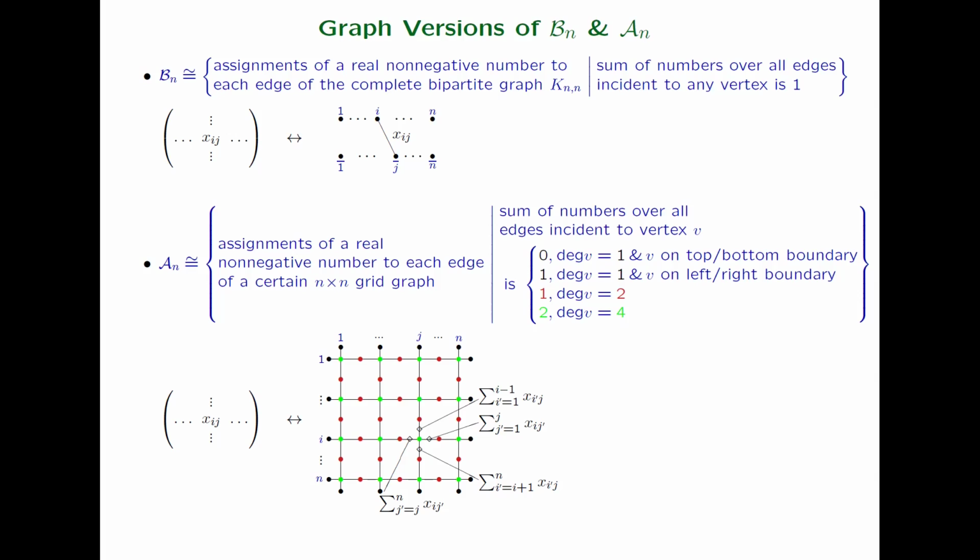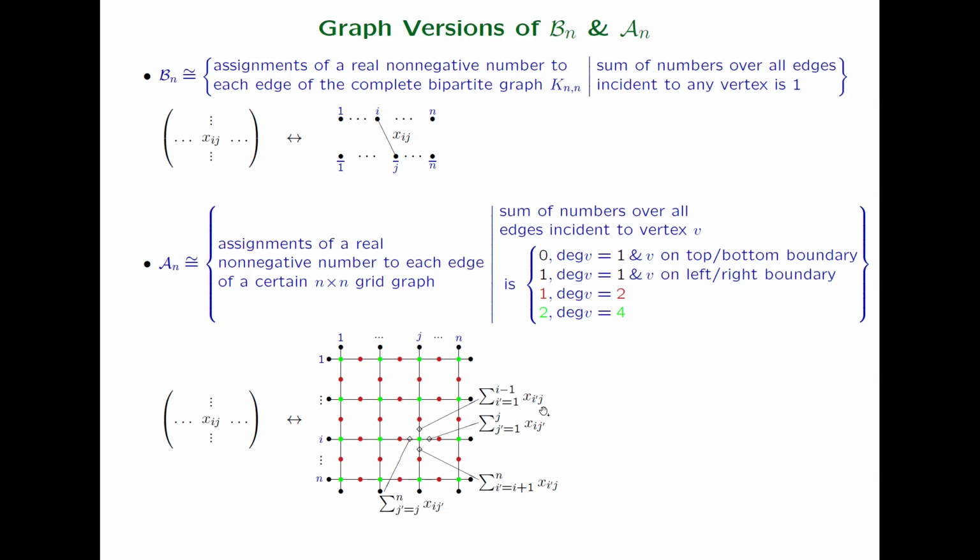So what I'm doing here is I'm looking at the ith row of this grid and the jth column, and then there's 4 incident edges which I'm going to associate with the 4 partial sums coming from the top, coming from the left, coming from the right, and coming from the bottom.